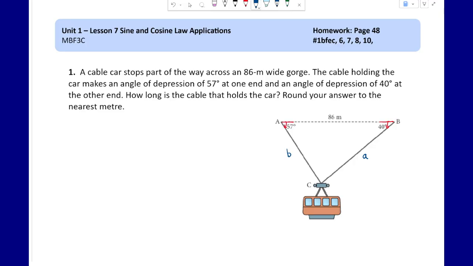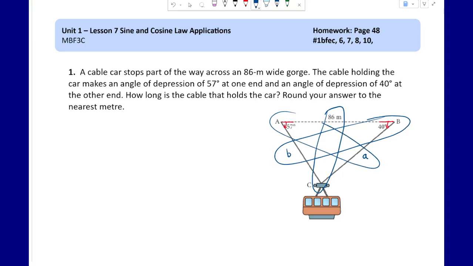Let's see if we can use sine law. If I make my pairs, I see that I have all half pairs. I don't have a full pair anywhere.